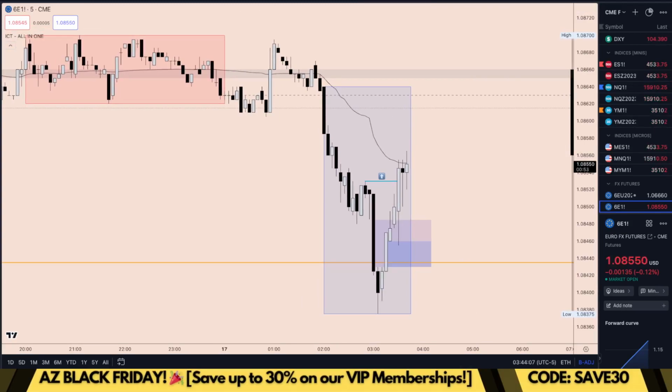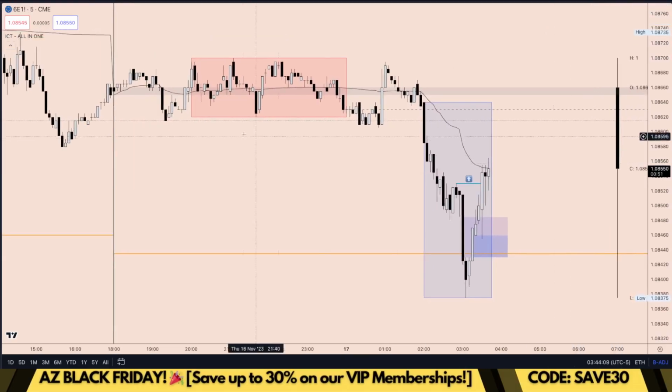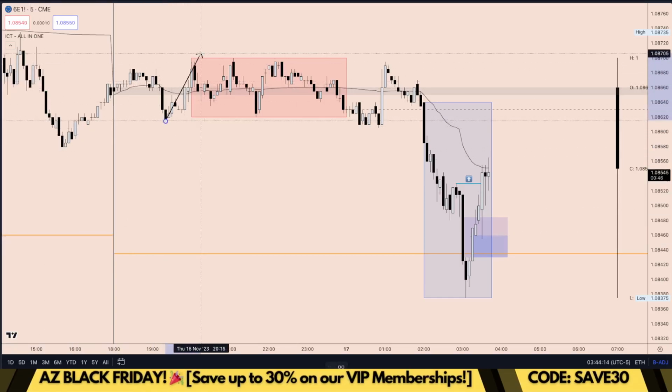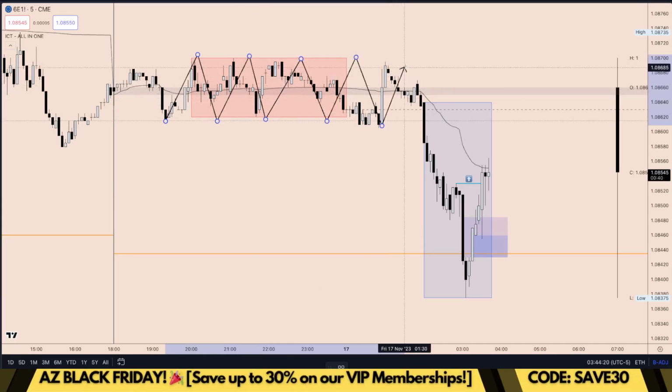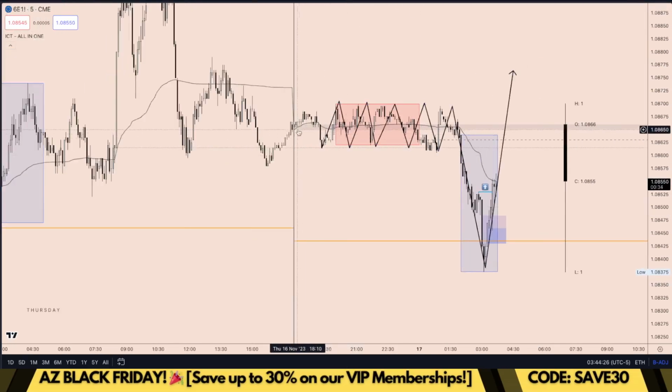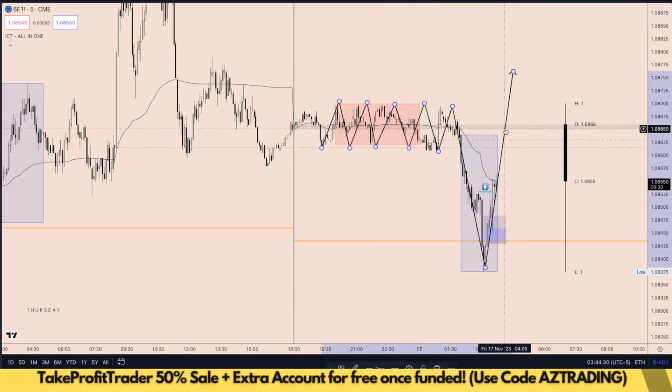And like we spoke about, once Volker mentioned EU is likely forming a nice setup, I immediately saw consolidation, manipulation, distribution. Power of 3 or AMD setup: accumulation, manipulation, distribution.